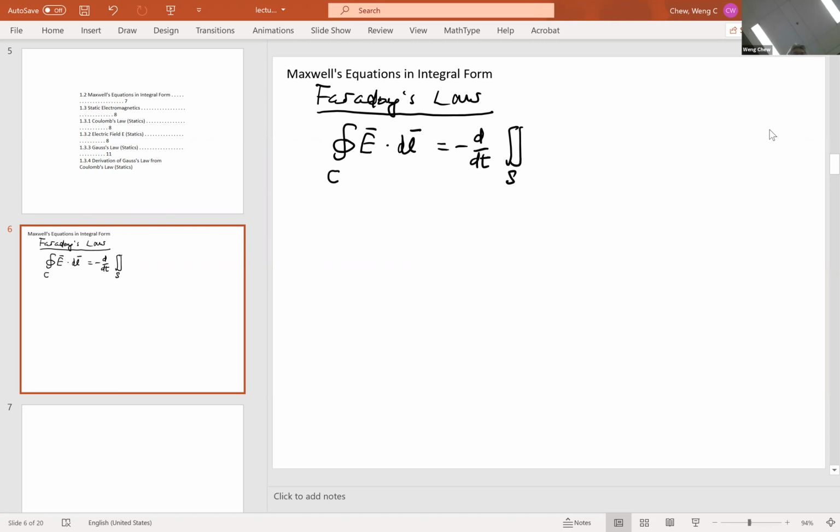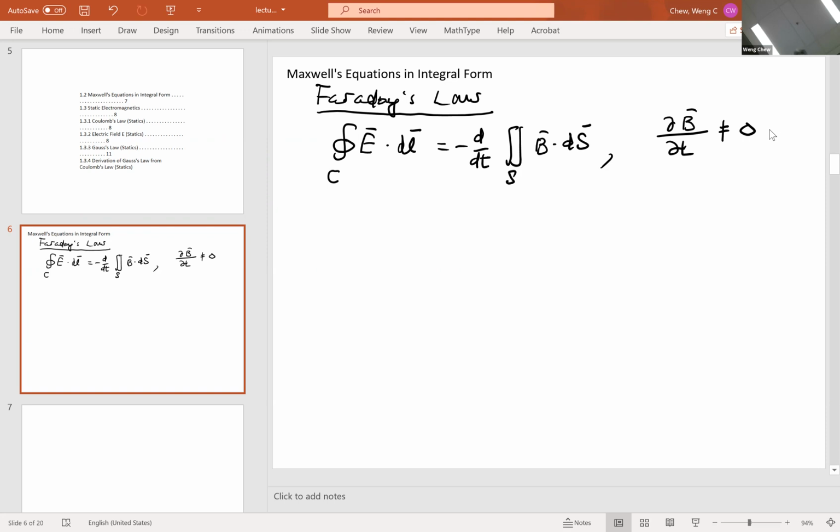Okay, the flux linkage, B dot dS. Okay, this is Faraday's law. I hope you all understand this notation. Otherwise, you will have to go and read my ECE 350X lecture notes, or read an undergraduate EM course before you join this course.